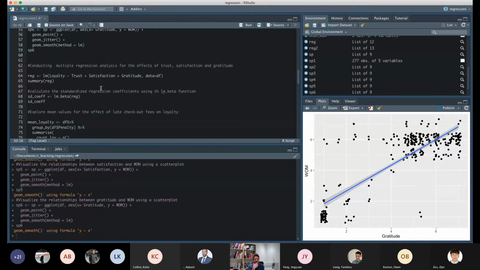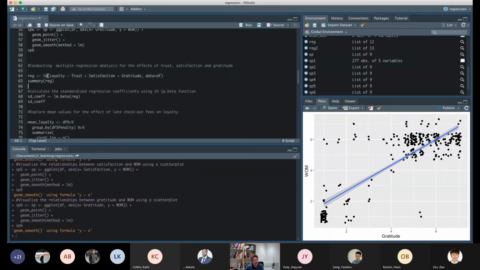The next step, doing the regression, is actually pretty easy. It's just one formula you need in R to run the multiple regression analysis.